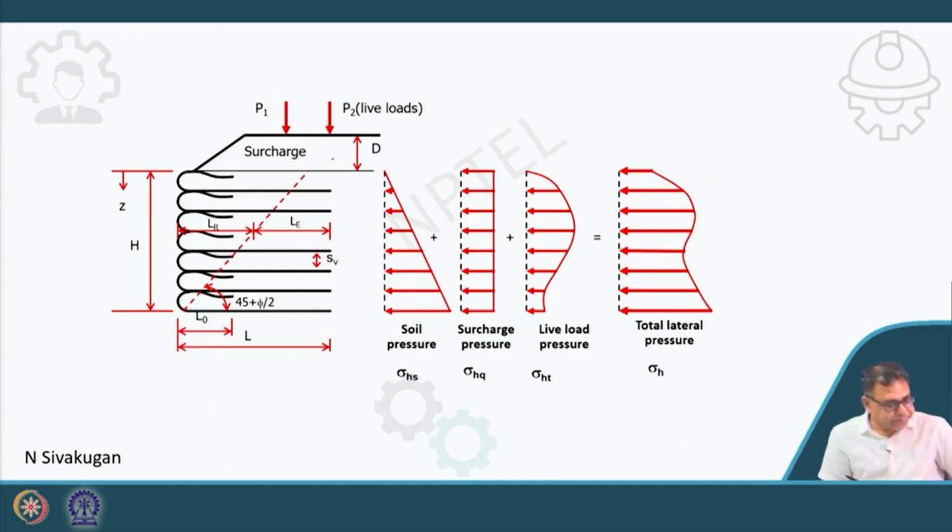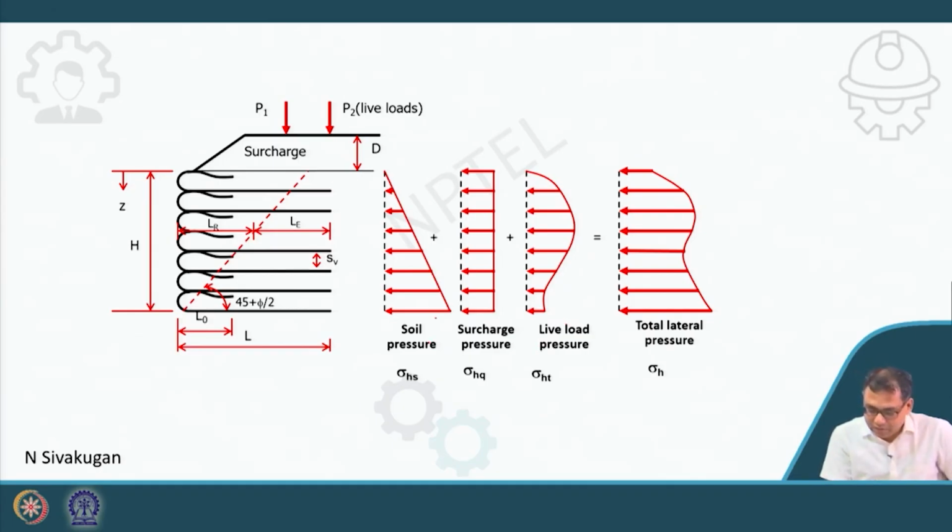So, you can see that these are the loads under which these walls are generally designed. What are these loads? The loads are soil pressure, that means the backfill soil pressure that will be taken by this reinforcement. Then the surcharge pressure, if you construct, say, an embankment over this retaining wall; that is called dead load surcharge, and then the live load pressure will come.